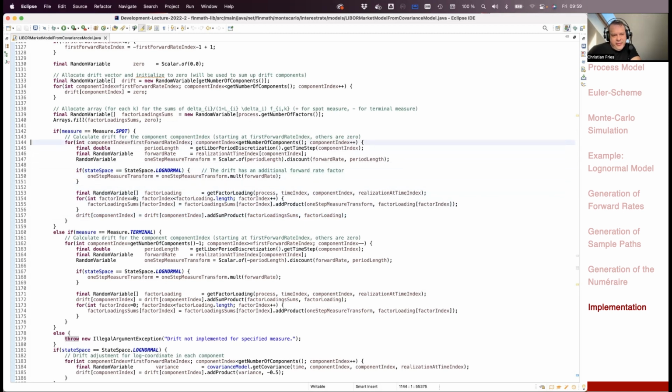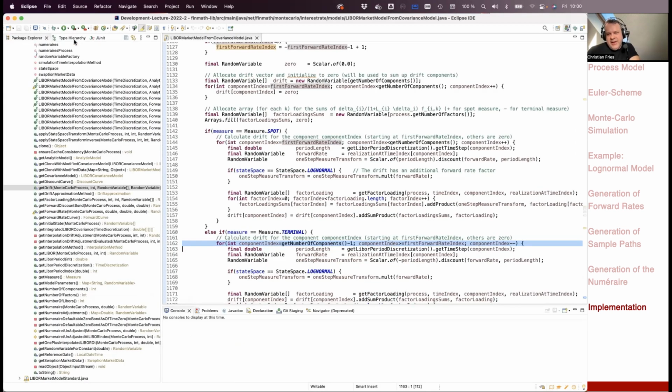And for the spot measure, the sum was running forward over the indices. So we run here forward from the first forward rate. That is our M(t). Yeah? And for the terminal measure, we run backward. Yeah? Okay, so now there should be the corresponding implementation of the numeraire.